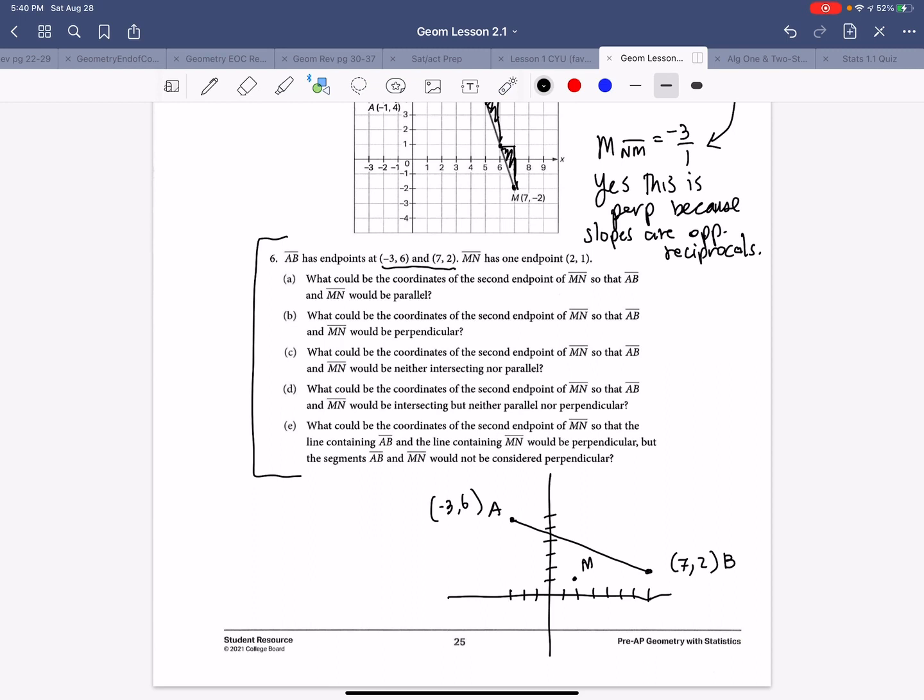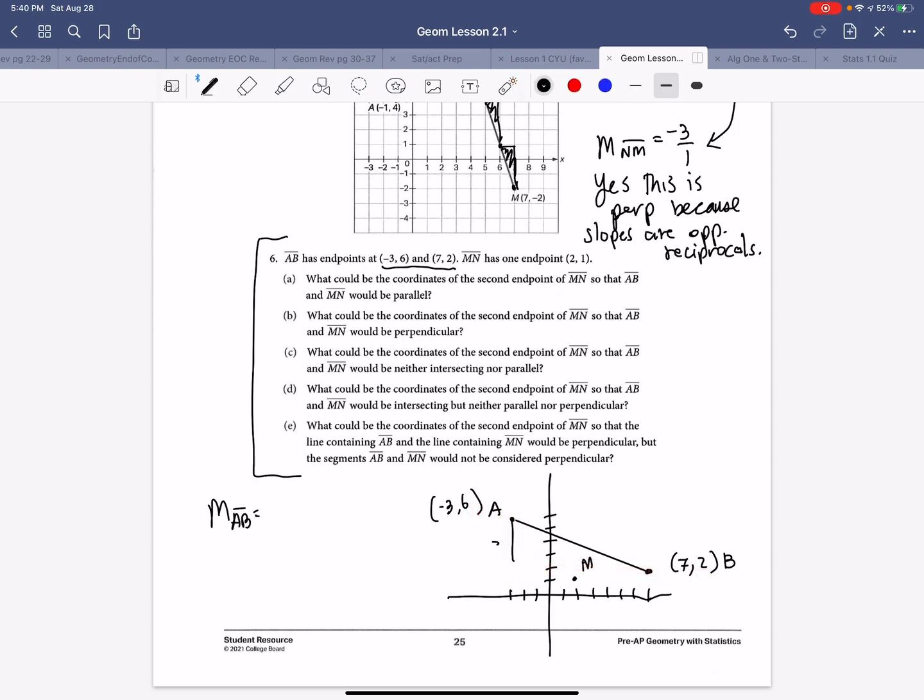So looking at AB, we have a straight line here. We want to see what's the slope. So the slope of AB is, it looks like we went down from 6 down to 2 in the y. So that's down 4 over 3 and another 7, so that's 10.